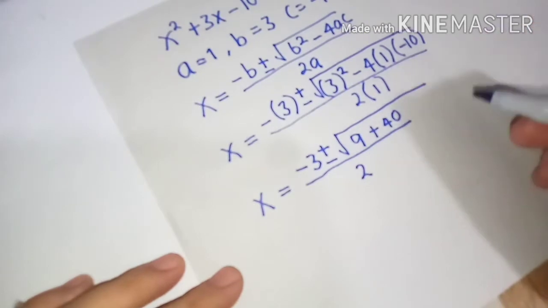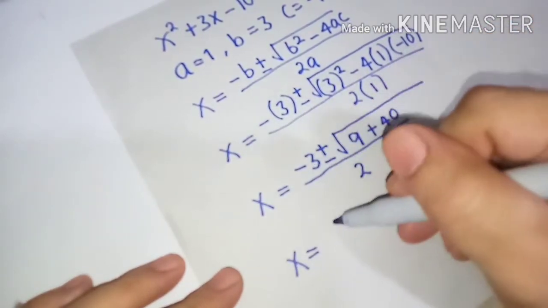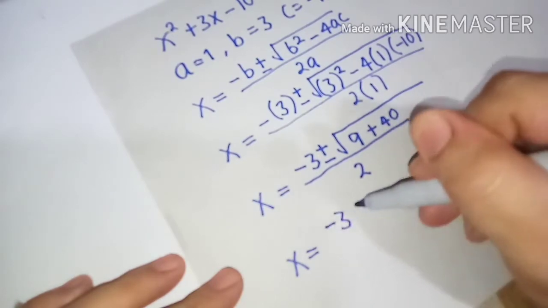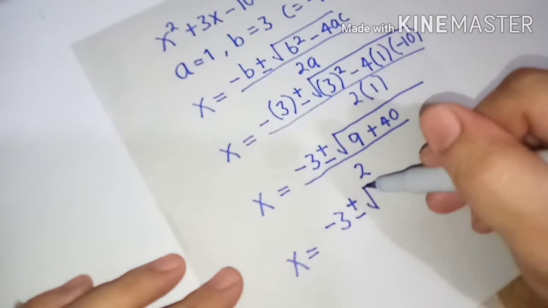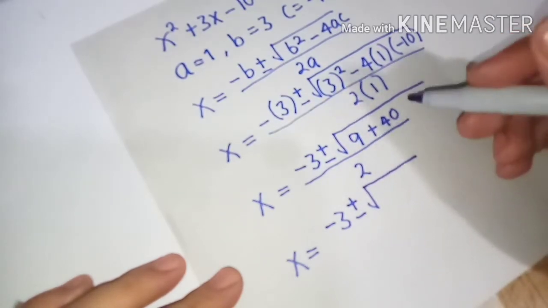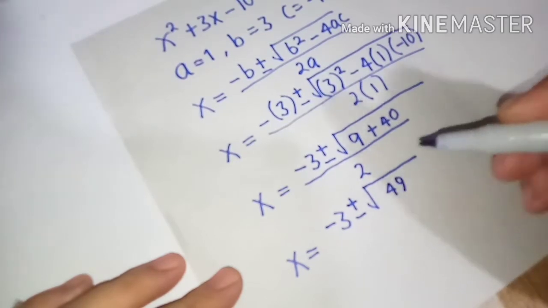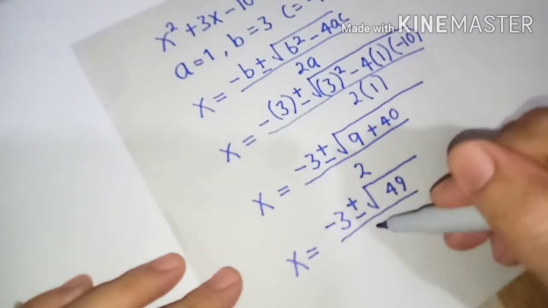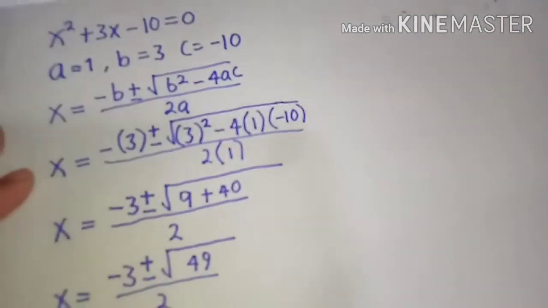Let's proceed. We have here x equals, copy negative 3, plus or minus, then find the sum of 9 and 40. 9 plus 40 equals 49. Then divided by 2. Let's proceed here.